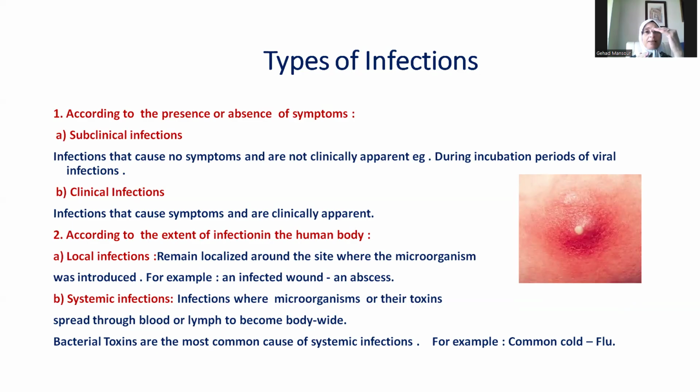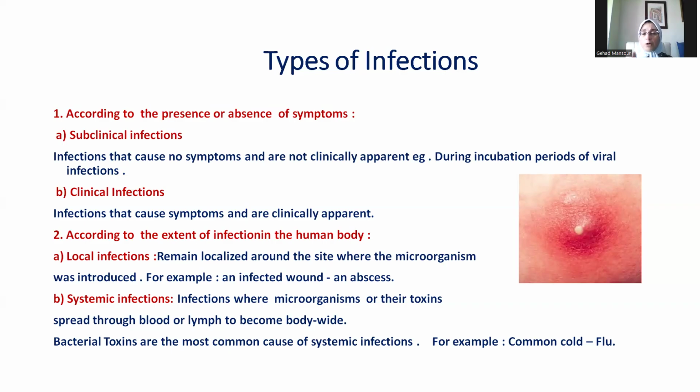Subclinical means not yet clinical, meaning that you have an infectious organism that has penetrated your body cells and fluids, but you don't yet have symptoms and signs. In case of clinical infections, you will have a microbe, a pathogenic one, that has penetrated your body cells and or body fluids and caused apparent symptoms and signs.